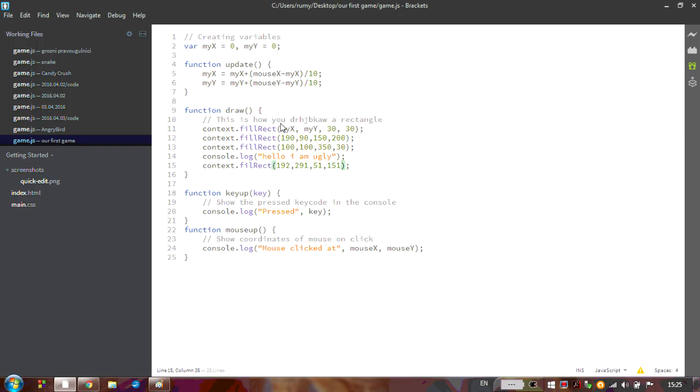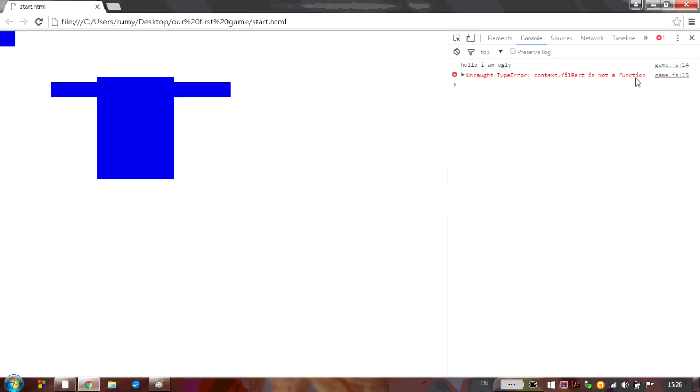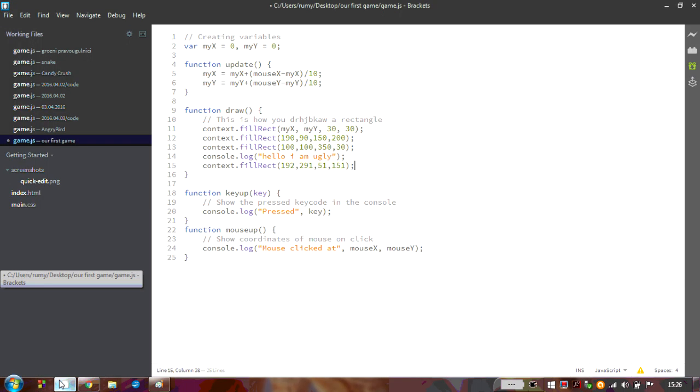Well, you can guess that I've made a mistake because the previous context.viewRects are a little bit longer and this one is written a little bit shorter, and that's because I missed one of the L's here. I can make a lot of different mistakes, and writing something in the wrong way is a really easy mistake to fix, because we can have a red error saying exactly what I have written wrong.